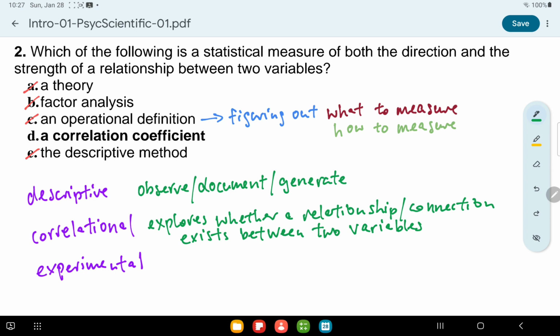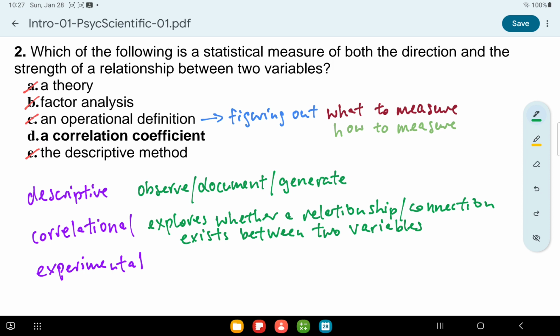It is the exploration of whether a relationship or a connection exists between two variables, connecting the two. If two variables change in the same direction, we refer to it as a positive correlation. If the two variables change in opposite directions, we refer to such a correlation as a negative one.